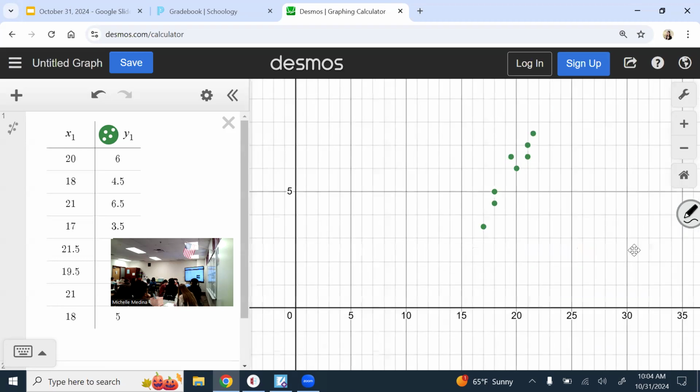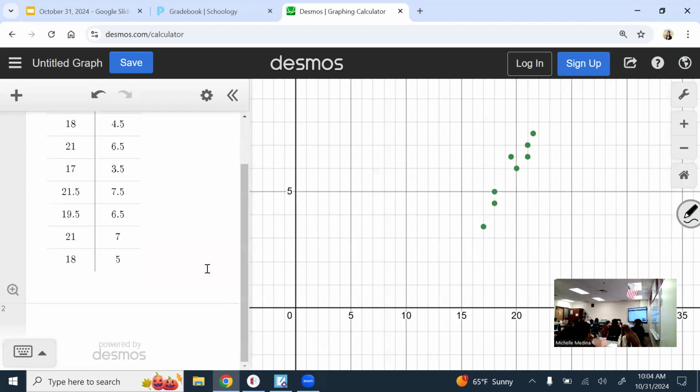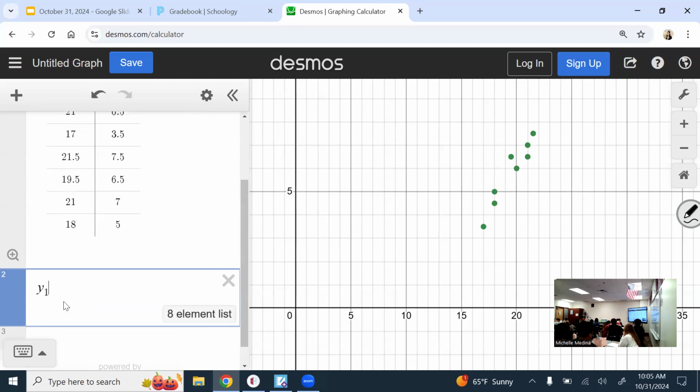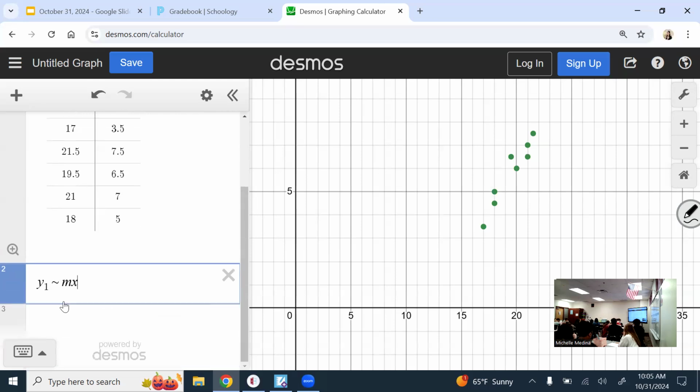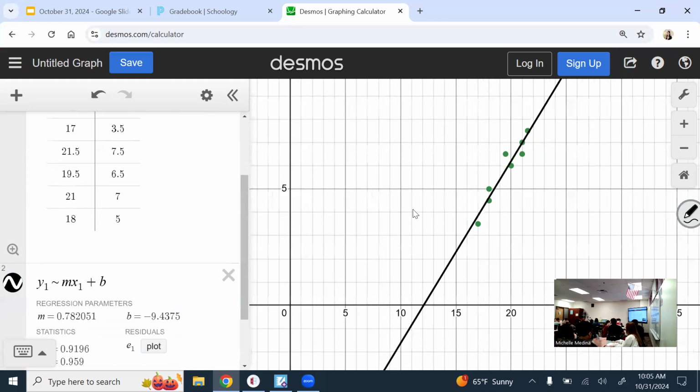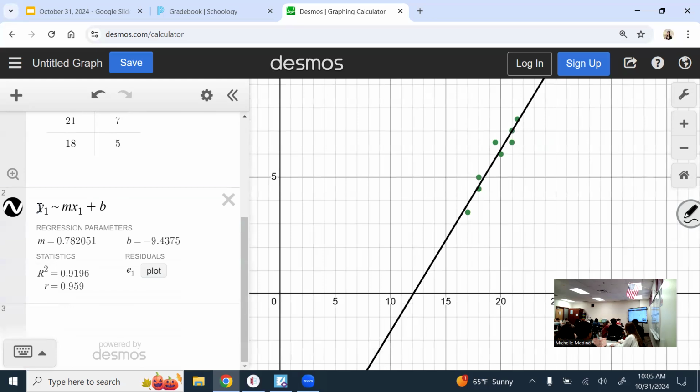All right, but in order to put the line of best fit, this is really important. This is where you might want to write at least this part down if you haven't already under number 3. You're going to click in a different cell and type in Y1 squiggly line MX1 plus B. So basically it's y equals mx plus b, except in order to make it do stuff, you have to put Y1, X1, and the little squiggly instead of an equal sign.